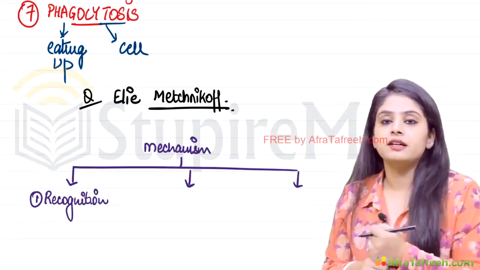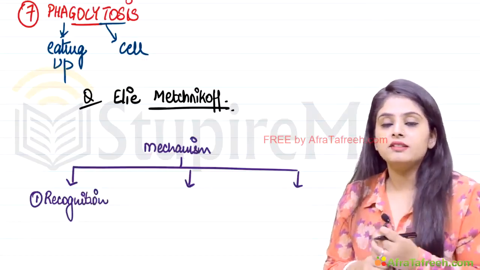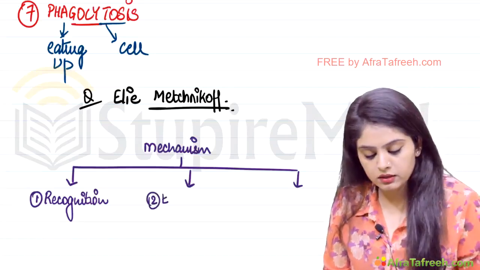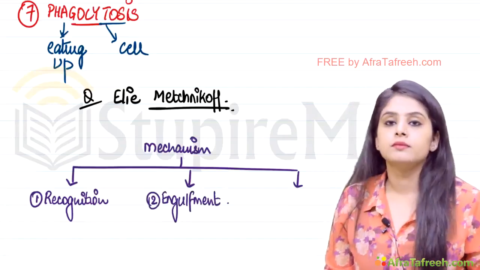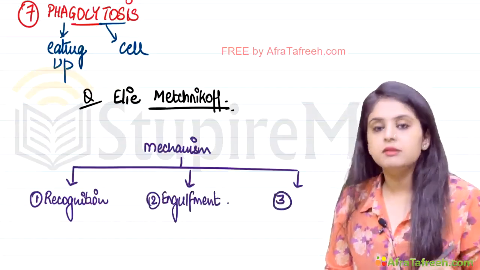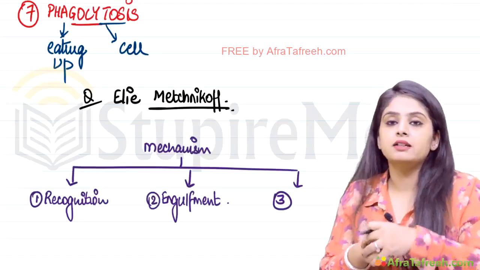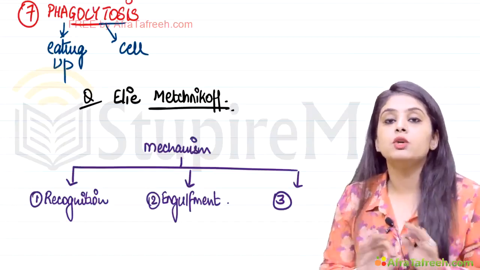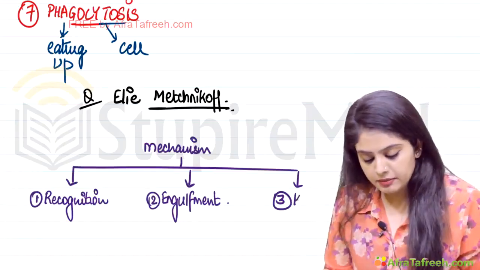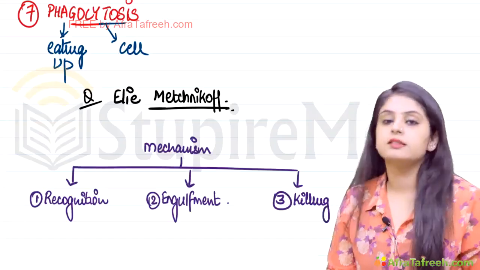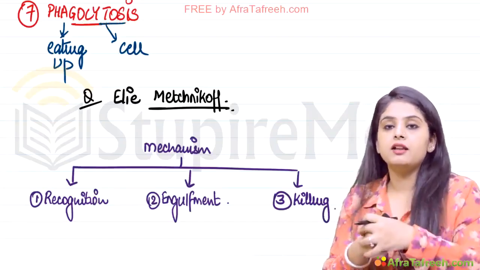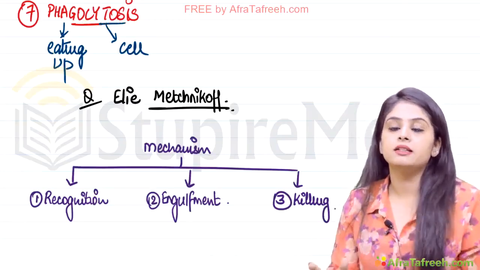Next, the cell has to eat up that target, so I will call it engulfment. And third, once the cell has eaten up this bacteria, our ultimate aim, why have we been studying so much of inflammation? Because we want to kill the bacteria, and the ultimate aim is accomplished, that is known as killing. So students first recognize, then engulf, and then finally kill the bacteria.